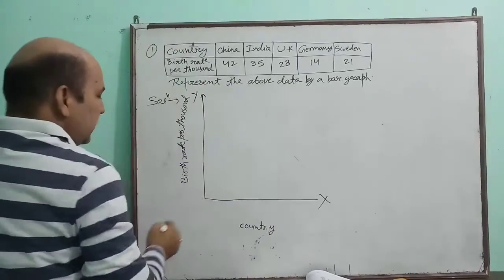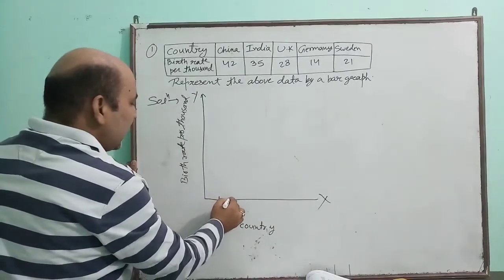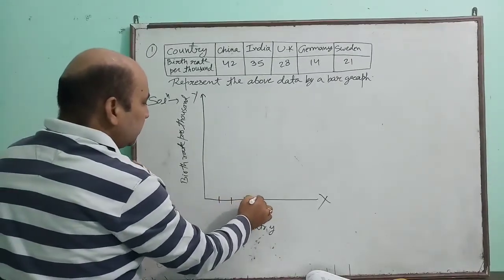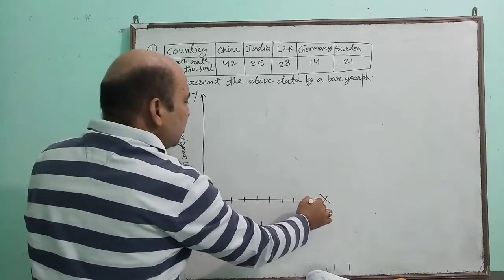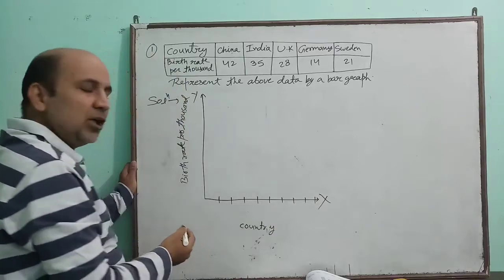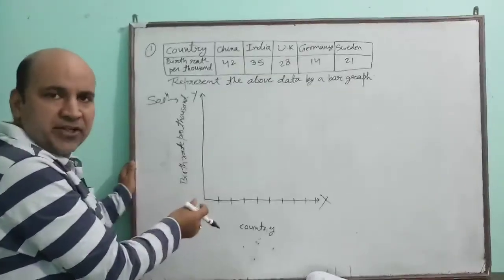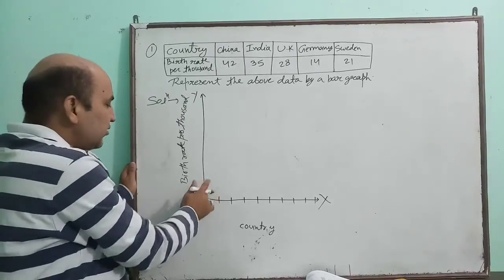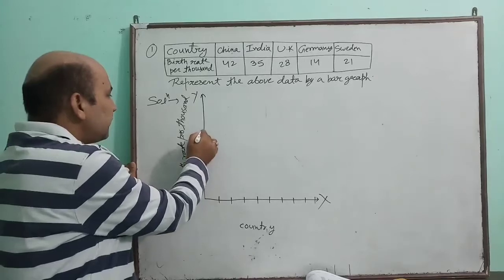Okay, children, in your graph paper you can see that square boxes are made. With the help of a scale, if you measure it, you will find that every box is equal to 1 centimeter. The length and breadth of every box is 1 centimeter.